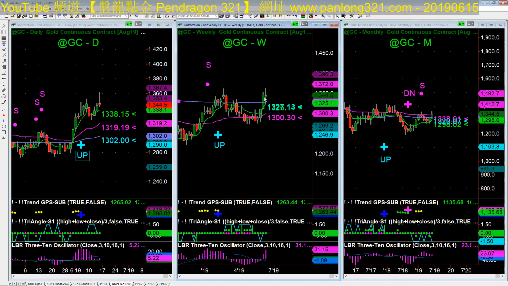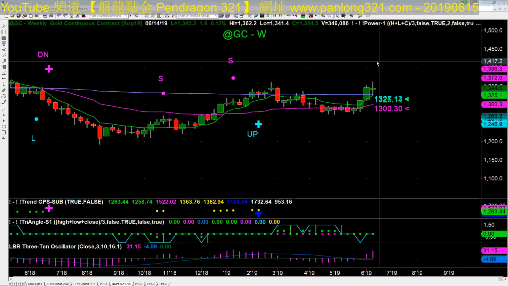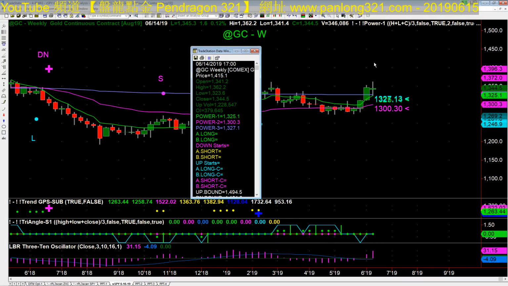On the weekly chart, it's above the 3 lines. And notice this week, if you pull up this chart, the low for this trading week was 1323.6. Let me write that down. That was the low for the week. And the purple line was 1327.1.